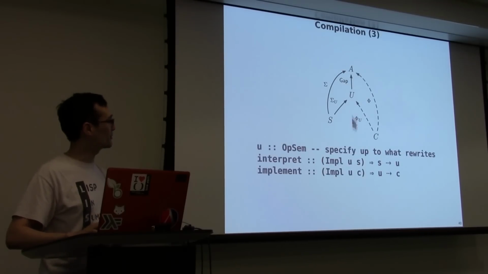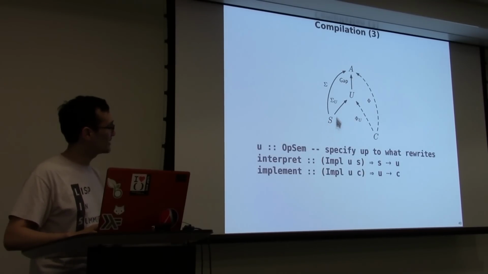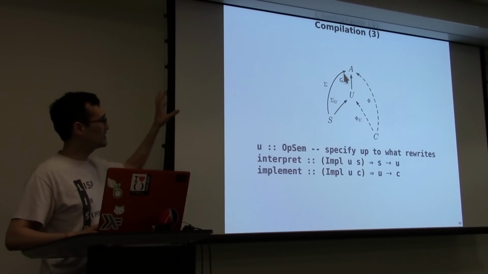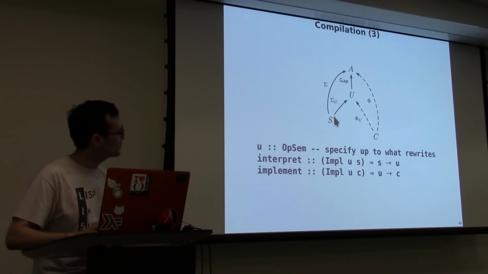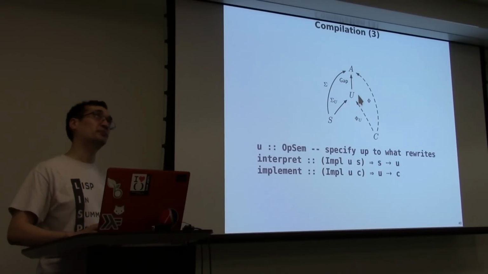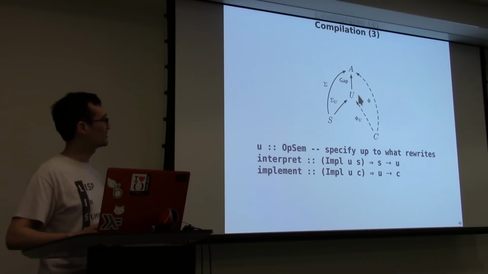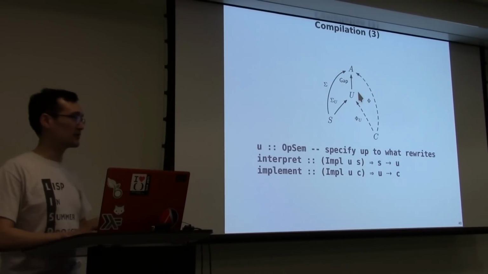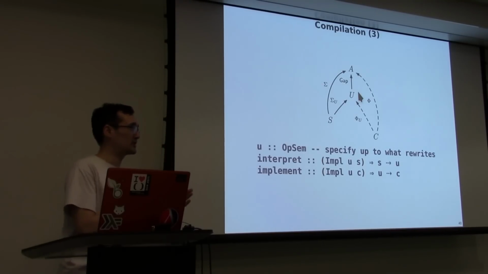What the compiler does, I'm taking my source code S, and yes, it has some abstract meaning A that I'm interested about, but this meaning is not computable. So what my compiler really does, it goes to a subset or superset, depending on how you see it. It goes to something U that is an understandable part of the semantics. The part of the semantics that the computer does understand.